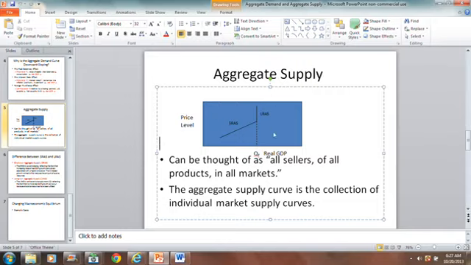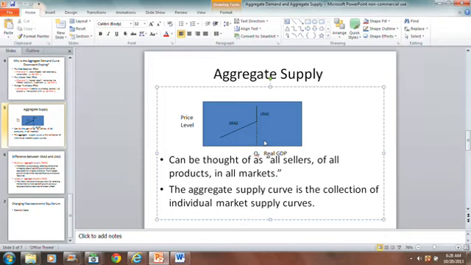Now, as they're moving, there's one interesting thing to observe. As it moves to the right, our definition of full employment will change. As it moves to the left, our definition of full employment will change. So full employment should be looked at as not a stationary target, but a target that can change.